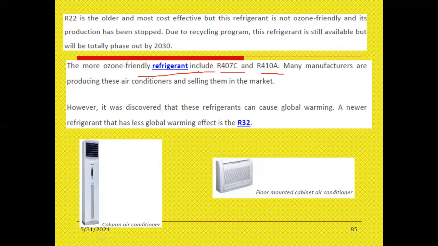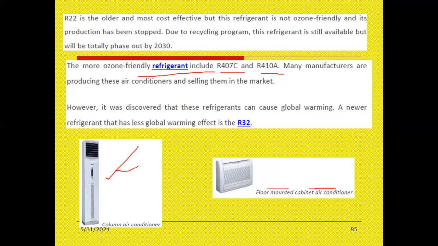See the figures here. Figure one shows a column air conditioning system, which is a floor type. Here is a floor mounted column air conditioning system, and it is a floor mounted cabinet air conditioning system.